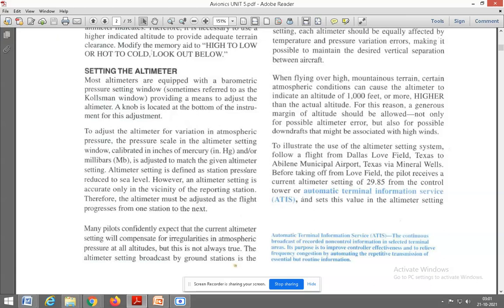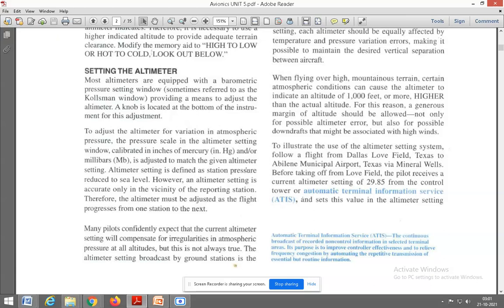Okay, so the altimeter will be set up through the barometric pressure setting window. Okay, this will be used for setting the adjustment in the altimeter. So a knob will be placed at the bottom of your instrument, which will be used for making the adjustment.